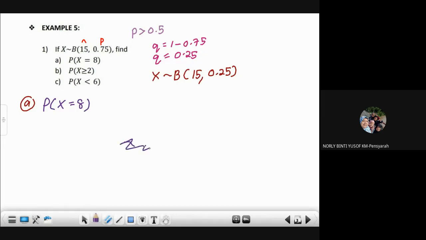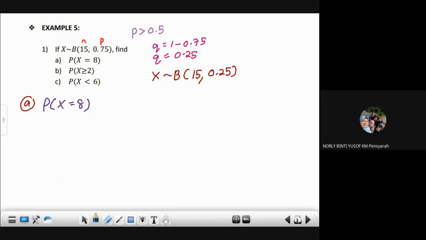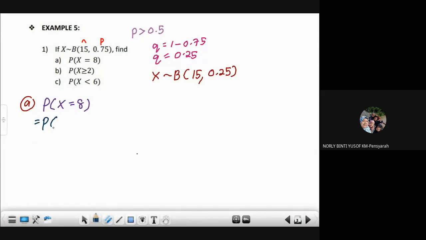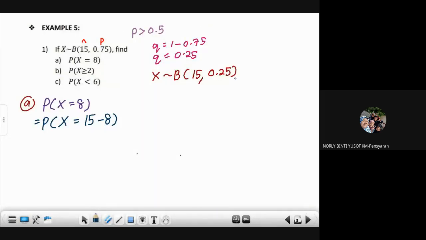So bila you dah change you punya discrete, you punya discrete binomial tu N minus 1 minus Q, dekat discrete pun sama, so kita akan tukar dia menjadi X, N you adalah 15 tolak 8. Okay, macam mana kita faham kat sini, nampak? You punya discrete sebab equivalent, so N minus R. Dan discrete dekat binomial pun you dah tukar jadi non-success lah 1 minus P. So ini sangat penting.